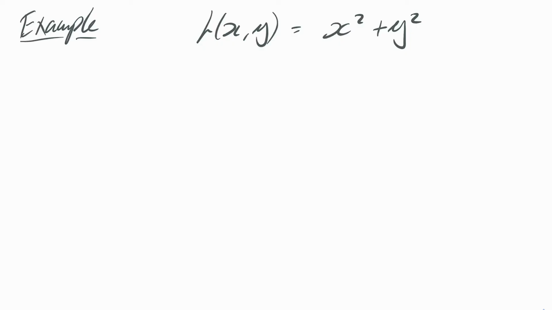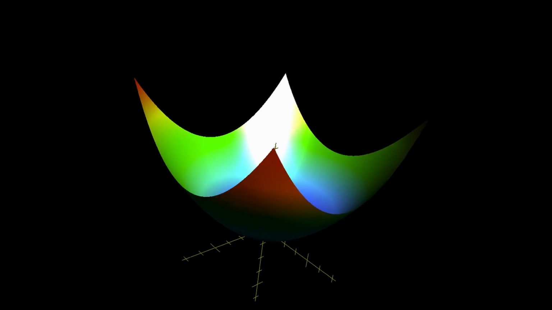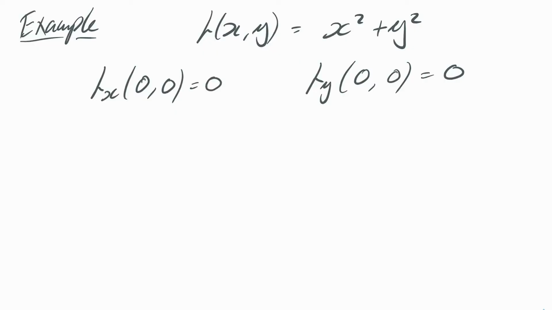Let's have a look at a similar type of function to what we had before. f of x and y is x squared plus y squared. So it's just a sign change from the paraboloid that we looked at earlier. This is a parabola that goes upwards in both directions. It's always positive everywhere. And we can see that the first derivative in the x direction is 2x, which at the origin is 0.